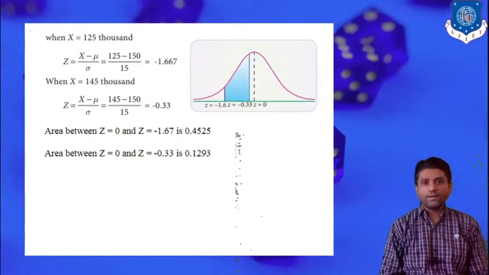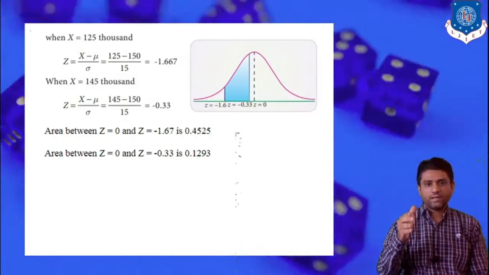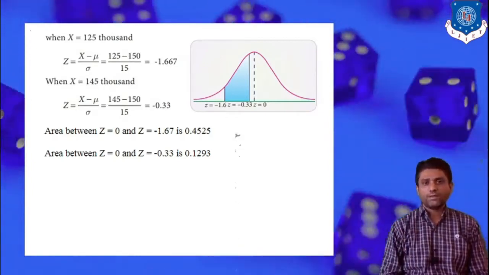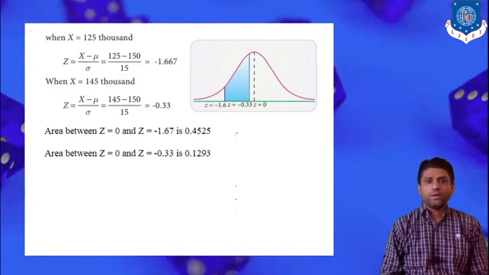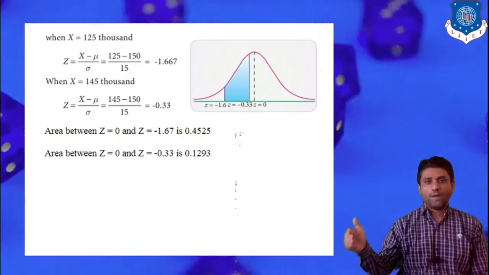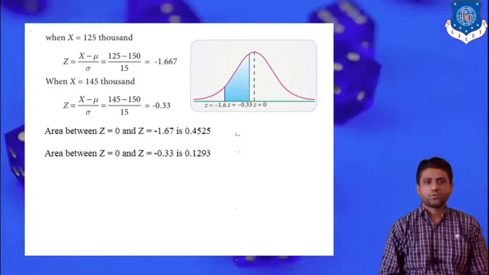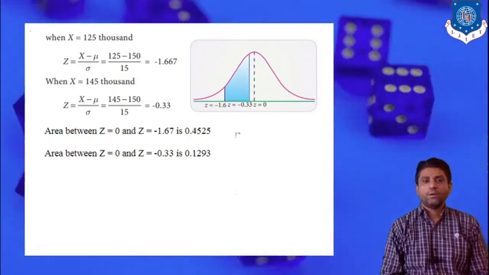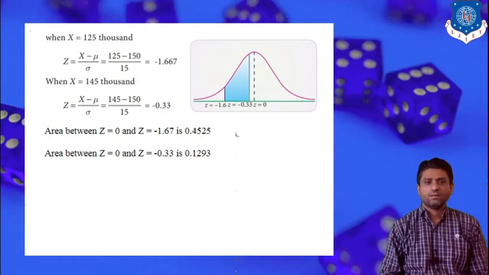So instead of finding the area between minus 0.33 and 0, we find the area between 0 and 0.33 by using the symmetry. So we find the area between Z equal to 0 and Z equal to 0.33.